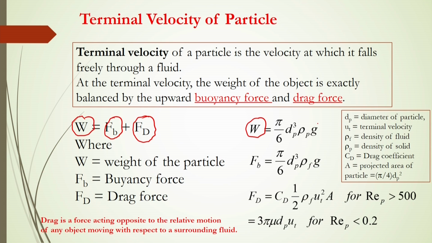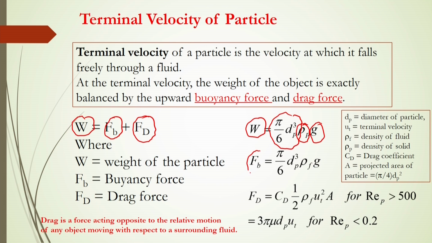If we know the effective diameter of the particle dP, then pi by 6 into dP cube is the volume of the particle, and if the density of the particle is rho p, then volume into density gives the mass of the particle. Then mass into gravitational acceleration g gives the weight, that is, the force acting downward under gravity.